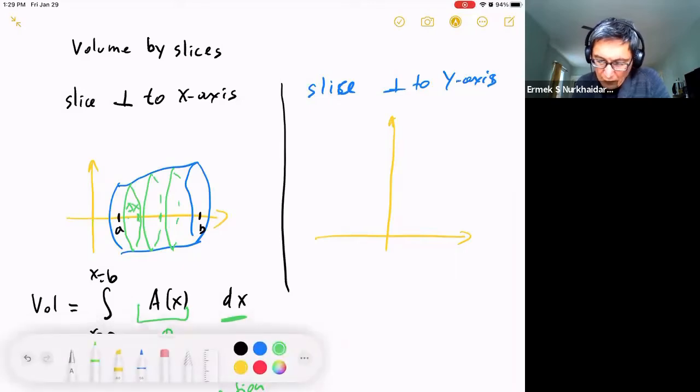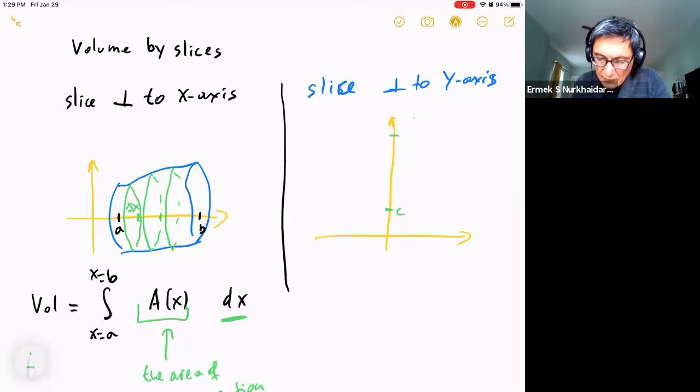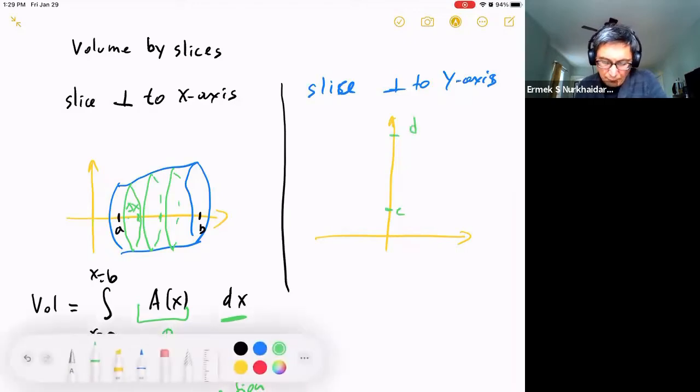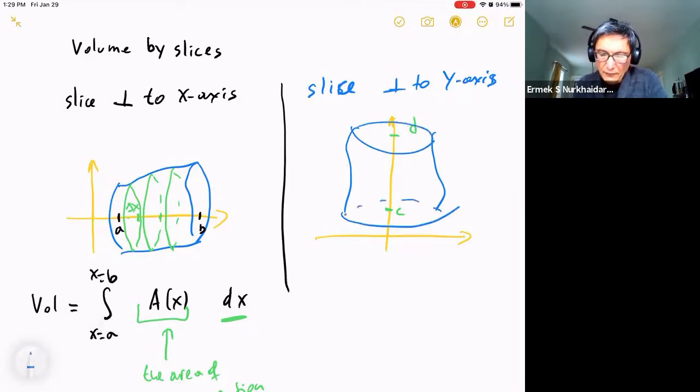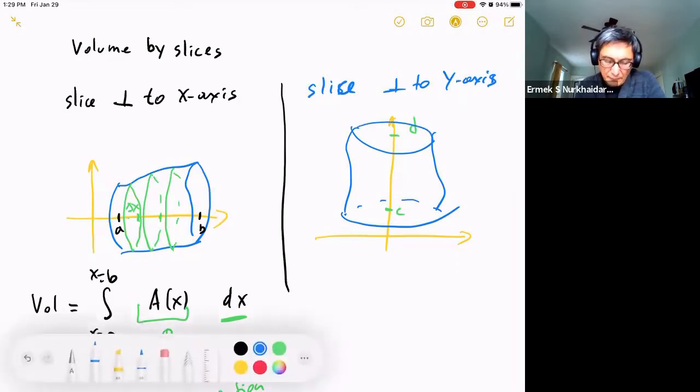So it starts at c, we finish at d, then we have the curve, or rather the object, a solid, three-dimensional. Then we start slicing.